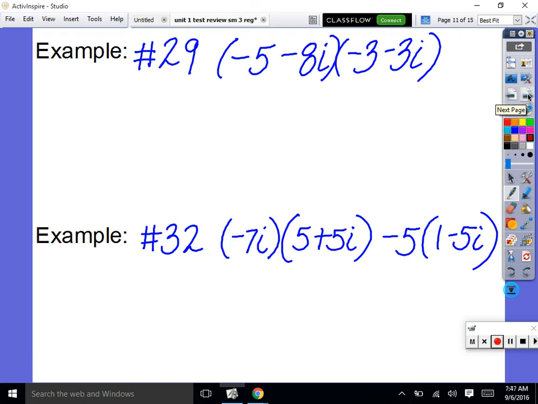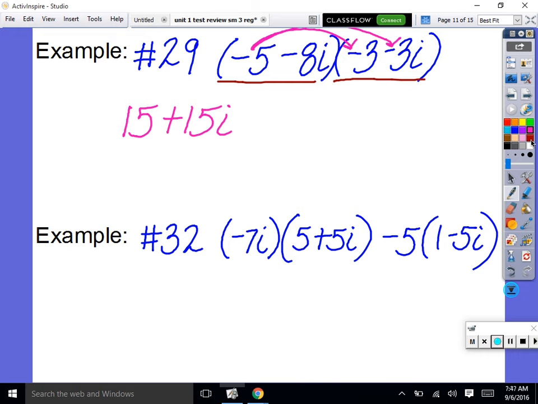29. All right, looking at 29, we have all this stuff multiplied to all this stuff. That's going to be a double distribution problem, right? So very carefully draw in your arrows as you go. Negative 5 times negative 3i. Very careful. There will be one like this on your test. Positive 15. Now negative 5 needs to be multiplied to negative 3i. Positive 15i, correct?